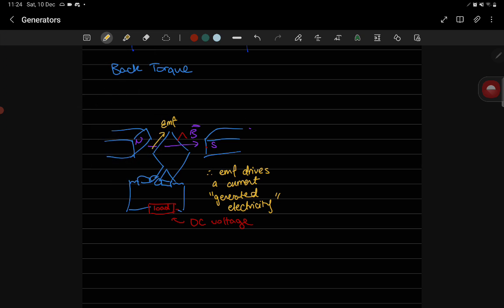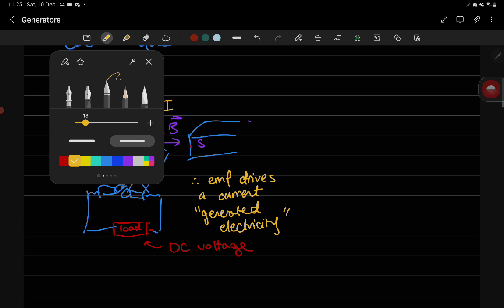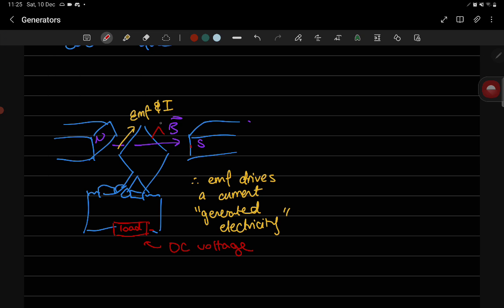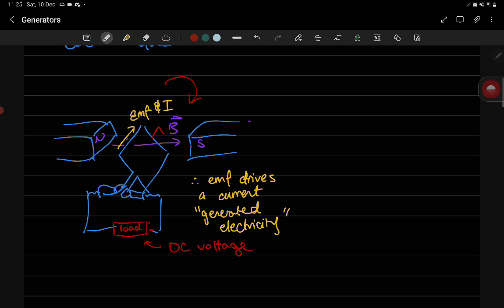And we know that current is going to be in the same direction as the EMF. So let's put that in, EMF and current. However, what you realize is that as you're trying to turn the generator this way to produce that yellow current, what do you notice about motor effect acting on this current that you've just generated?